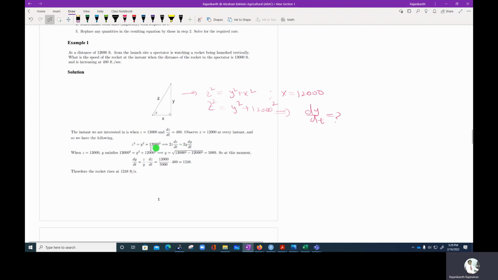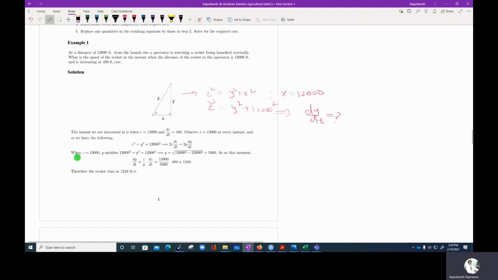Okay. So basically, you take the derivative with respect to t on both sides. The derivative of z squared is 2z, and by the chain rule, 2z times dz over dt equals 2y times dy over dt. This is constant, so the derivative of the constant is 0 here. So you get this.